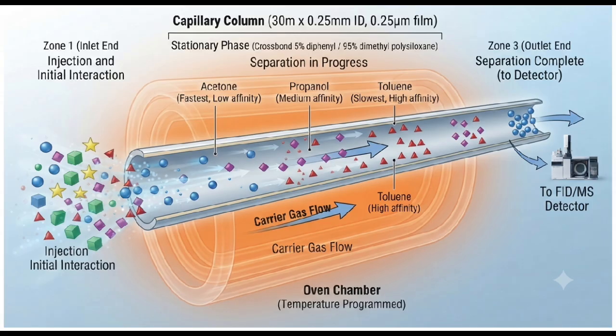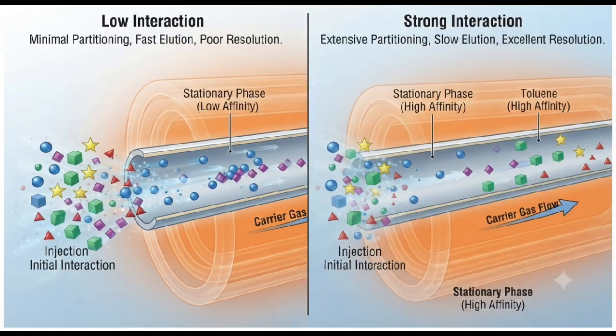Different compounds have different interactions with the stationary phase and different volatilities. Therefore, they do not travel through the column at exactly the same speed. One compound may move relatively quickly while another may spend more time interacting with the stationary phase. Eventually, compounds that entered the column together become separated.